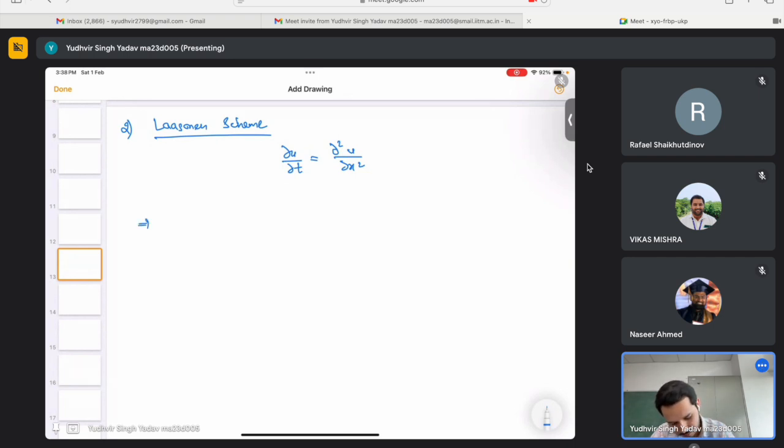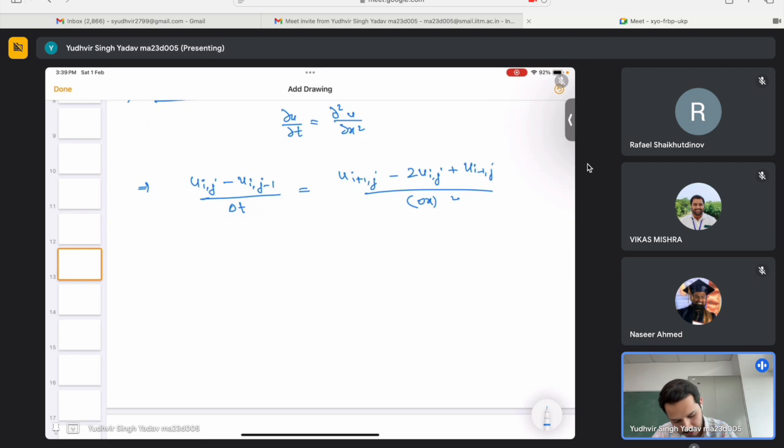So it will be, so this is the scheme. Here I have taken delta t equals k and delta x square as h.